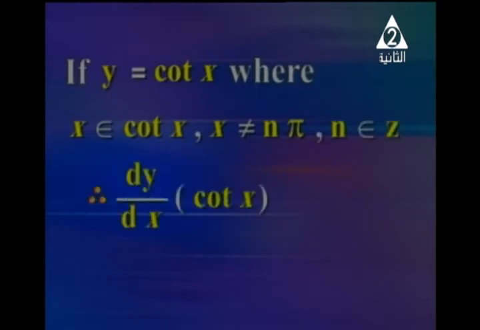Sine over cosine. So cotangent is cosine over sine. Then we can replace cot x with cos x over sin x, where x is not equal to n pi, n belongs to Z. Therefore, the differentiation of cot x equals negative cosec^2 x.